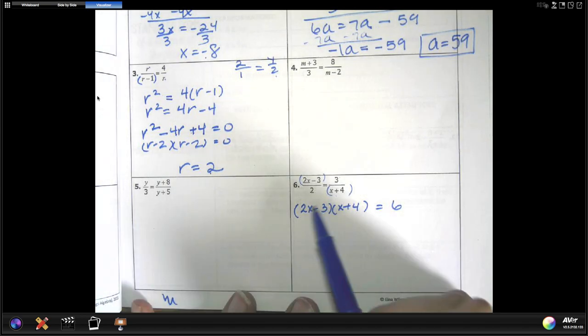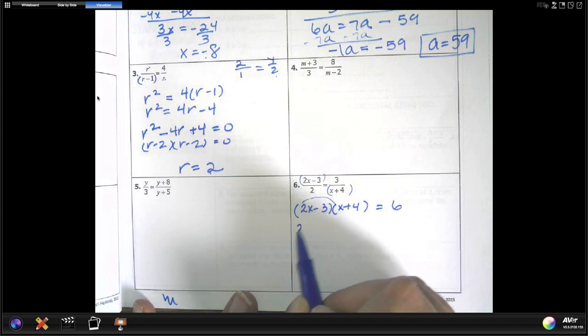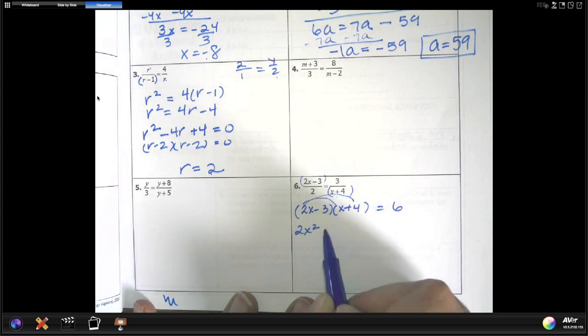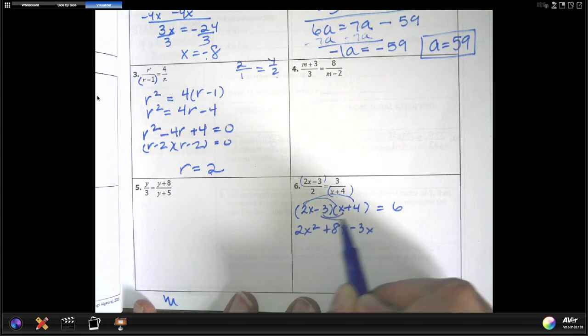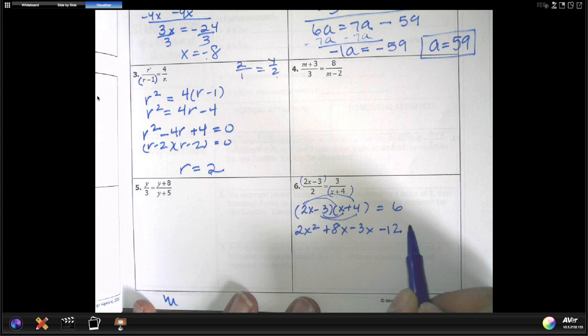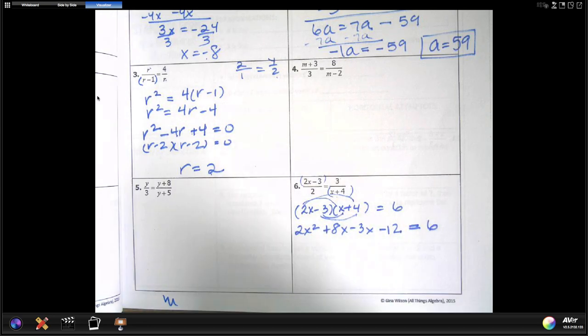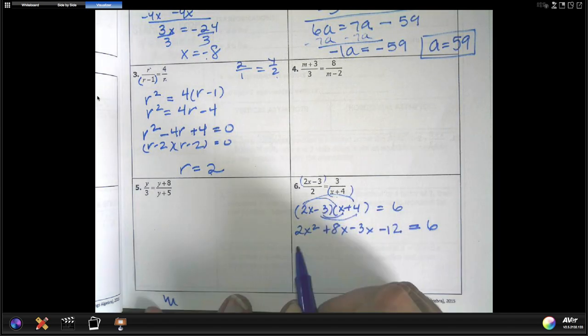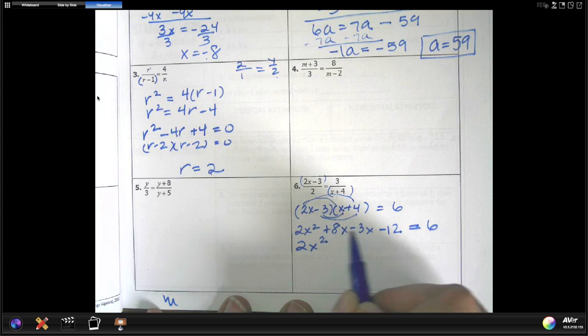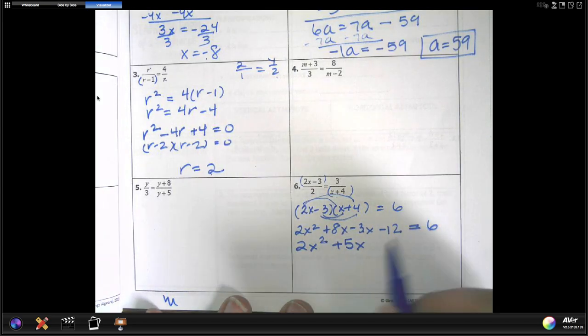We need to multiply. So 2x times x is 2x squared. 2x times 4 is 8x. This is negative 3x, and that's negative 12. So now let's simplify. 2x squared, 8x minus 3x is plus 5x, minus 12 equals 6.